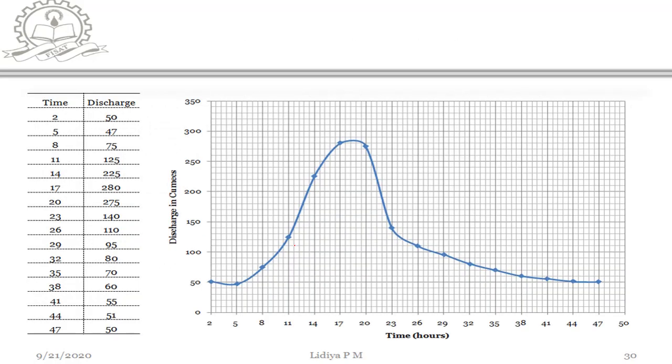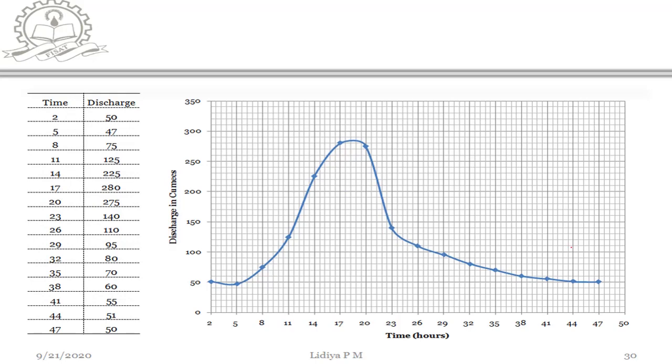I will explain with this figure. Say during the rainfall I have measured the discharge in a river. These are the discharge data, this is the time, and based on this, this is the obtained hydrograph.